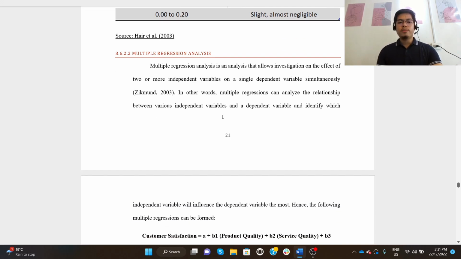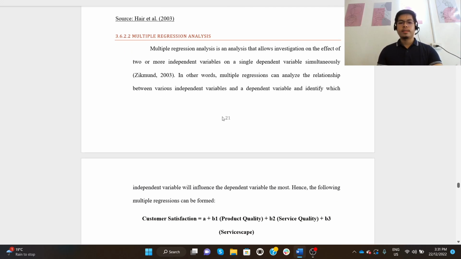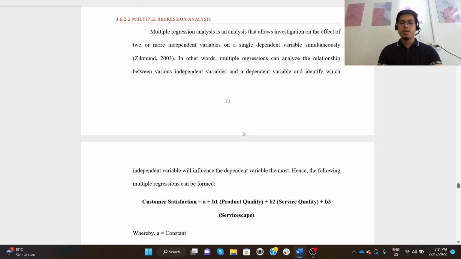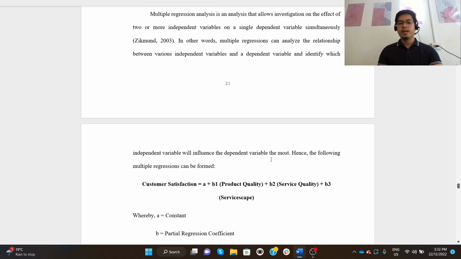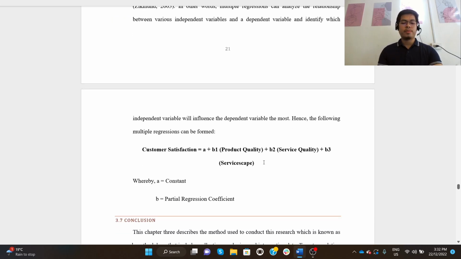Okay, so next we have multiple regression analysis. Multiple regression analysis is an analysis that allows investigation on the effect of two or more independent variables on a single dependent variable simultaneously. In other words, multiple regressions can analyze the relationship between various independent variables and a dependent variable and identify which independent variable will influence the dependent variable the most.